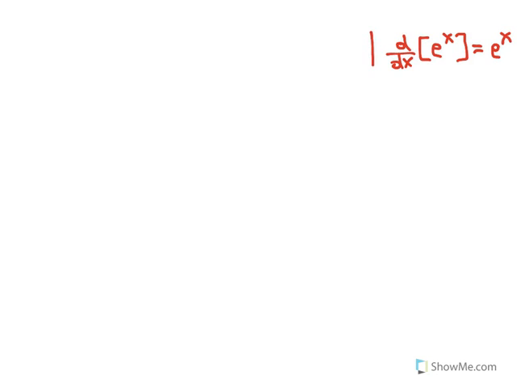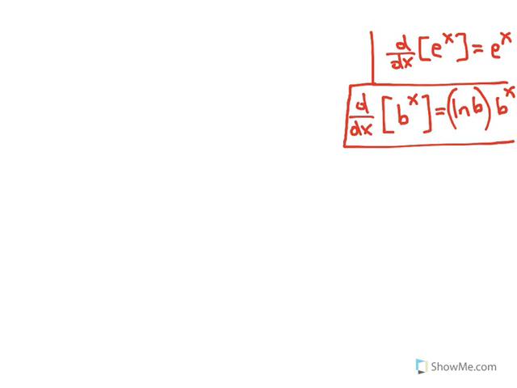Yesterday we learned this differentiation rule for the natural exponential function. The derivative of the natural exponential function y is equal to e to the x is itself. Today we're going to see that for an exponential function with base b, the derivative would be natural log of the base times b to the x.